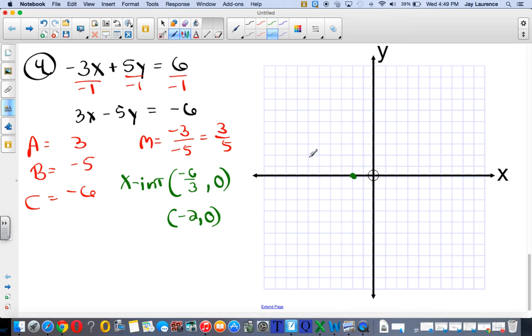And then I'm going to use a slope of 3/5. So I'm going to rise 3 and run 5. And if I want, I could go down 3 and back 5. And there you go.